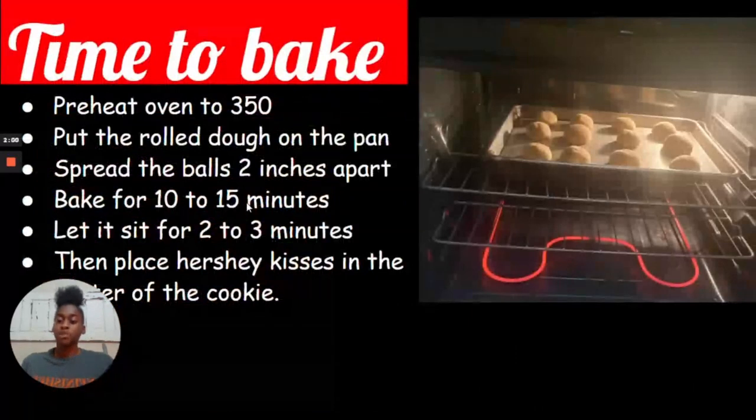Now it's time to bake the dough. Preheat oven to 350. Put the rolled dough on the pan. Spread the balls out at least 2 inches apart because if it's closer, it might form into one big cookie, and we don't want that to happen. Then you will bake for about 10 to 15 minutes or till it's golden brown to your liking. Then you will let it sit for 2 to 3 minutes.